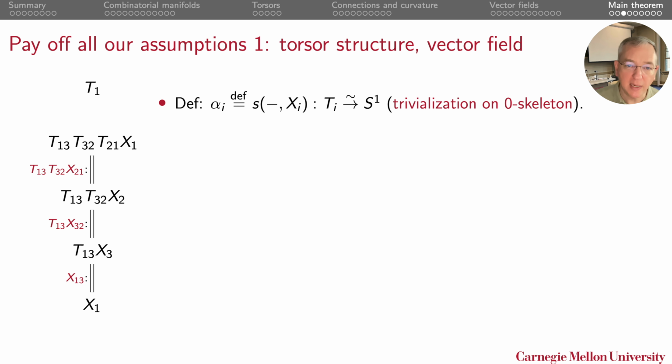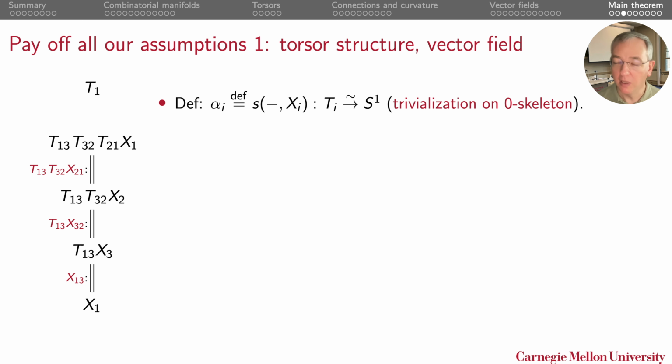We can define now for each fiber, Ti, an isomorphism with S1, because we have a torsor structure and a point. X gave us a point. So subtraction of whatever, taking whatever minus xi is an isomorphism between Ti and S1. It's like saying we trivialize the bundle on the zero skeleton.